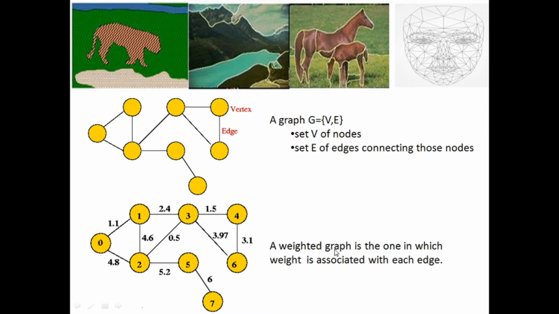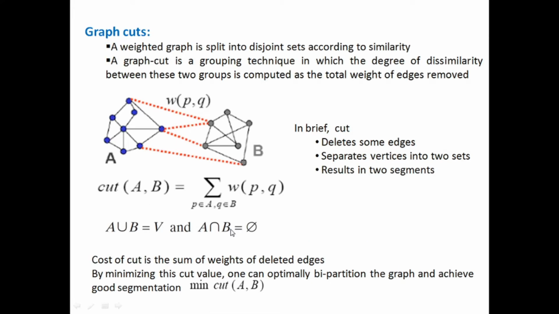So a weighted graph is one in which a weight is associated with each edge. That means each and every edge has a certain weight. Here the weighted graph is split into disjoint sets according to some similarity. The similarity may be texture, color, intensity, or whatever it is.